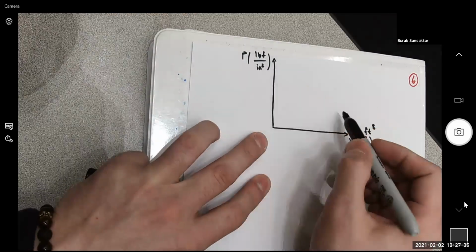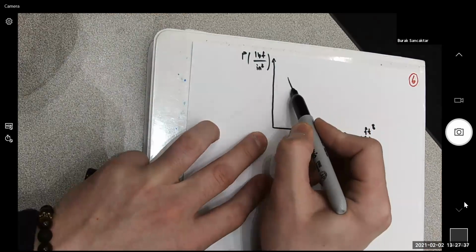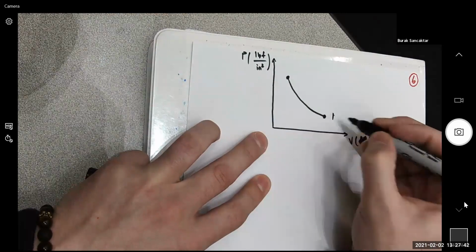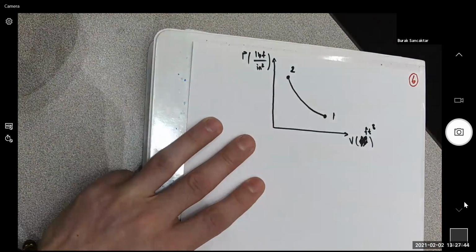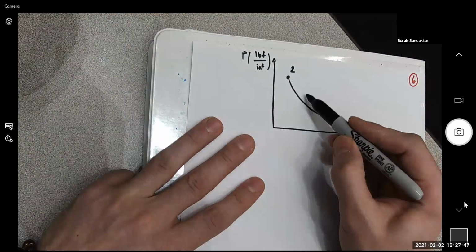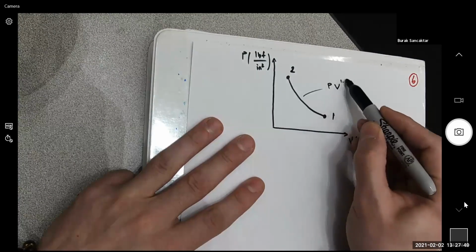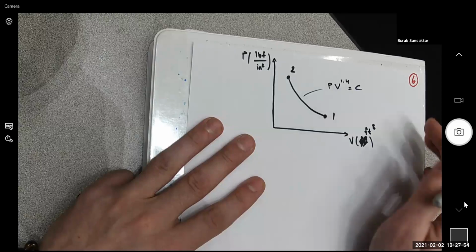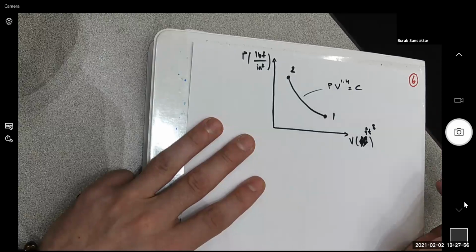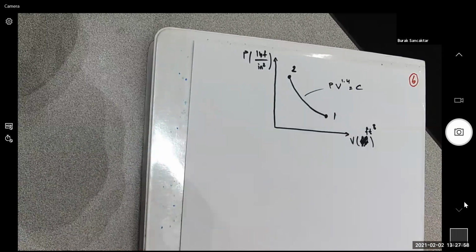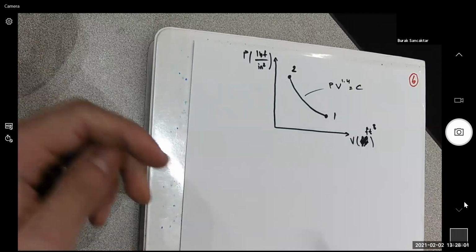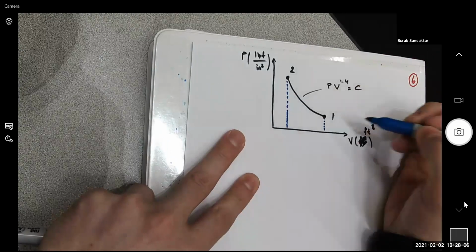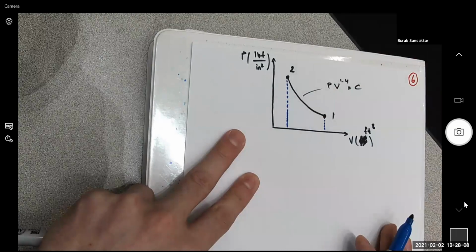Point state 1 to state 2. Right? The polytropic process and the relation we found. So in this case, it's not linear. So calculating the area under the curve should be done by using integration. Right?